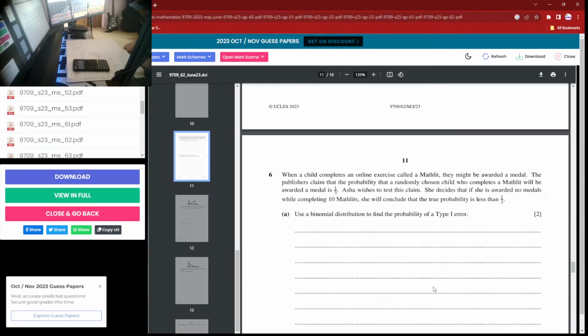So for this one, your null hypothesis H0 would be P equals 1/3, and your H1 will be that the probability is less than 1/3. Use the binomial distribution to find the probability of a type 1 error. Type 1 is a false positive.